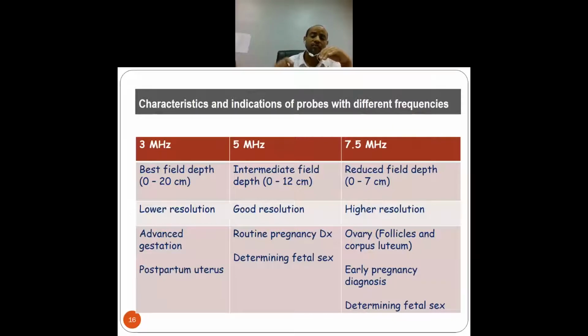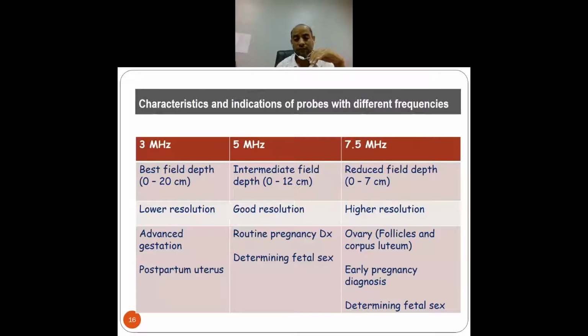The 3 megahertz frequency probe can usually penetrate a depth of 0 to 20 centimeters. This is the deepest length that you can go through across the tissues using this kind of frequency.